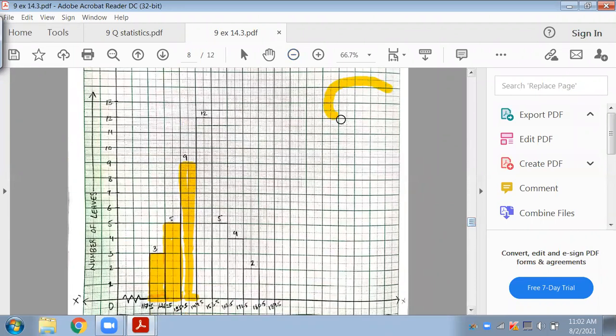On the top, on the right side, you are going to put the scale. Okay, that one I'll show you afterwards.